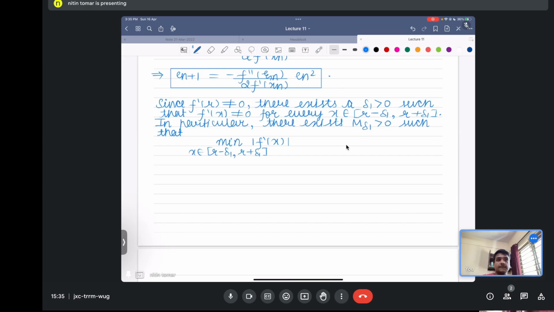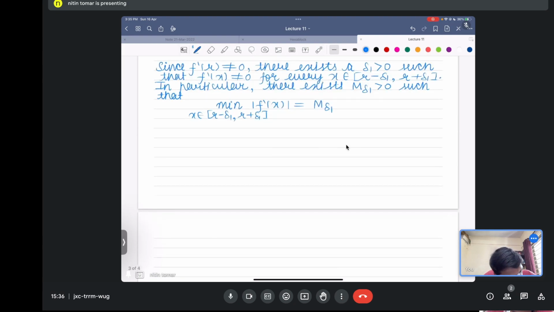Why? So this minimum exists because f is considered to be a C2 function, which means this f prime is a continuous function, so its minimum will be attained as this interval is a compact interval, and we are letting this minimum to be m delta 1.